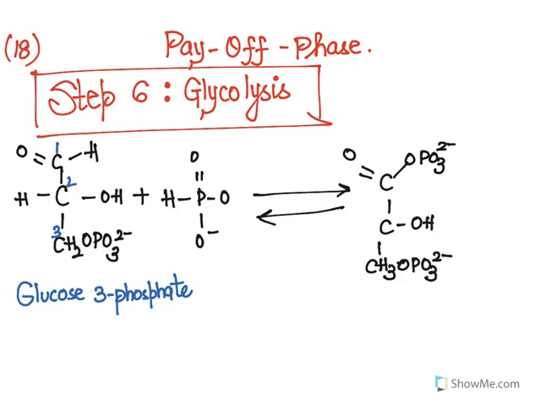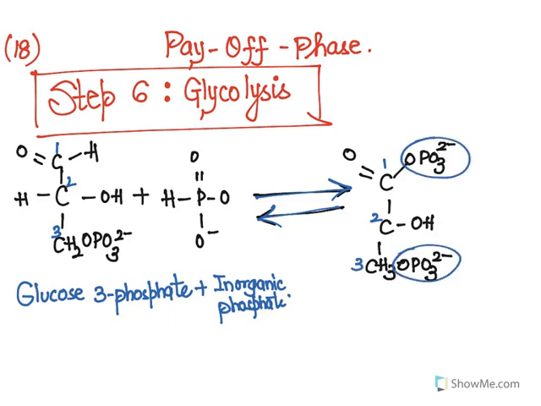So we will have glucose 3-phosphate, plus we also have an inorganic phosphate. Now remember, this is a reversible reaction, can happen both ways. And what do we end up with? Now here we'll number the carbon 1, 2, 3. So we have the phosphate group here and here as well.